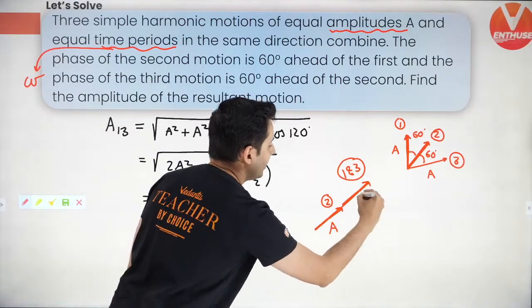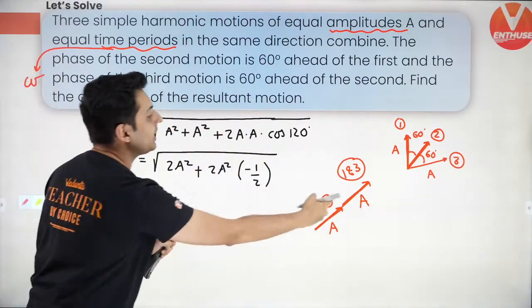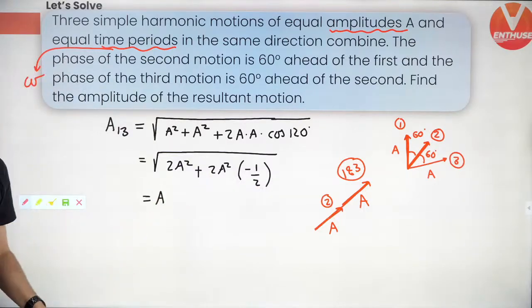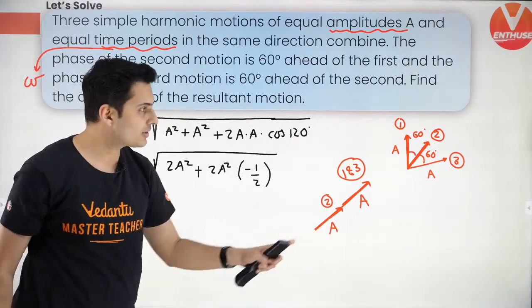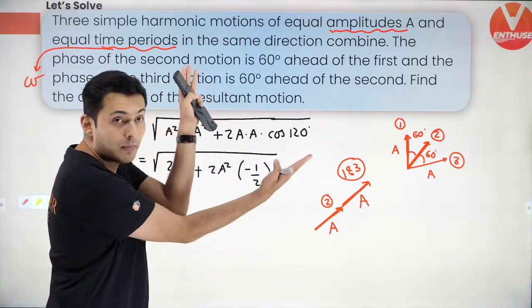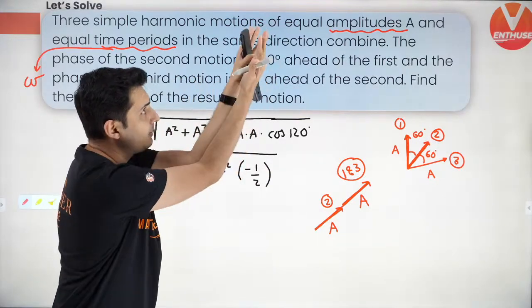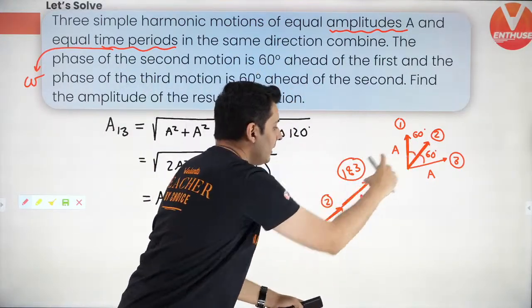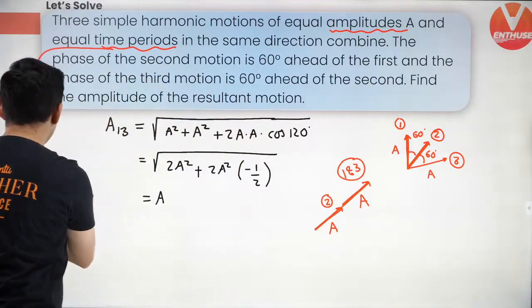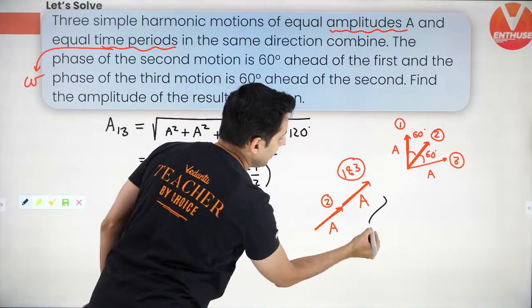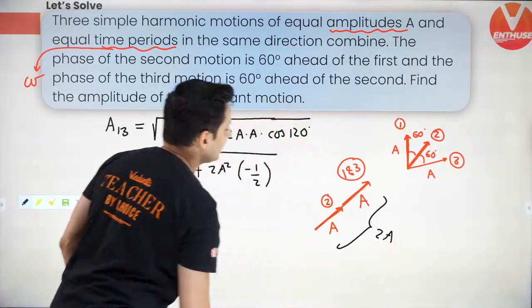This is also A and this we just figured out to be A. I hope you got it. So the resultant of 1 and 3 lies on the angle bisector, and that added with 2 gives a total resultant of 2A. So that should be the answer.